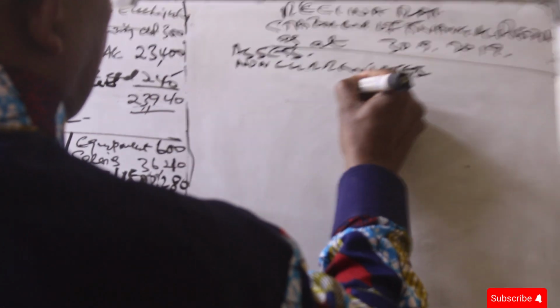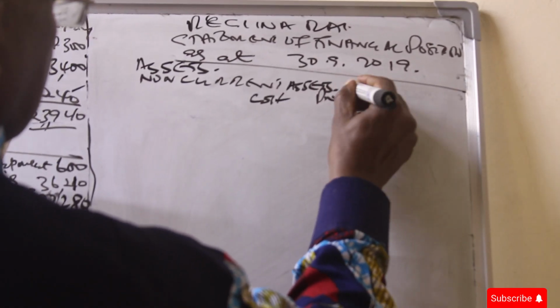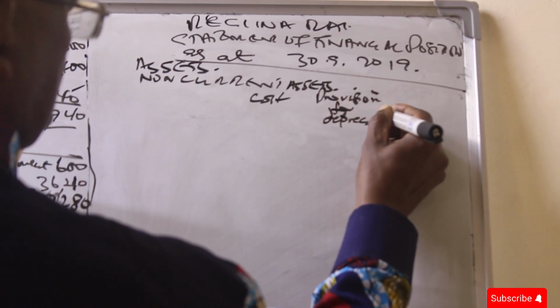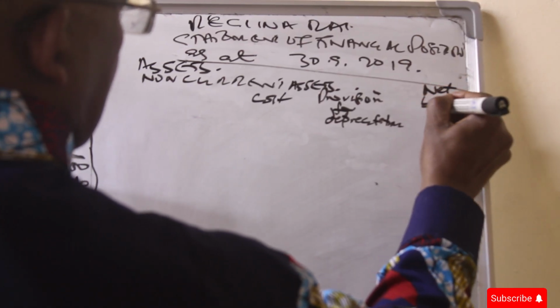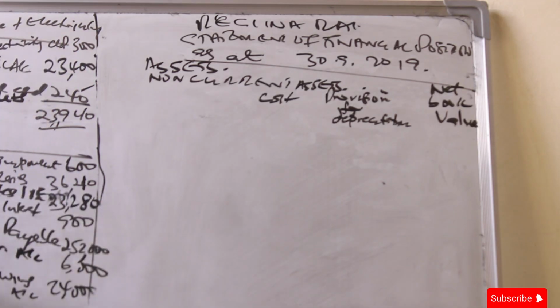We want to get cost, provision for depreciation, and net book value. Land and building is not changing. It's moving from 18 to 18. So land and building.